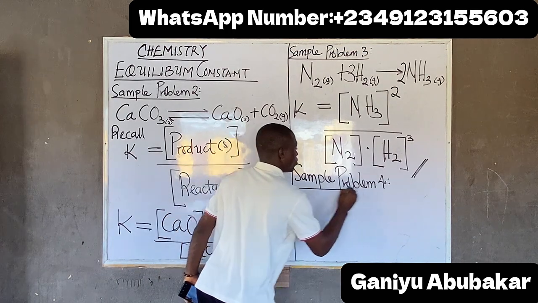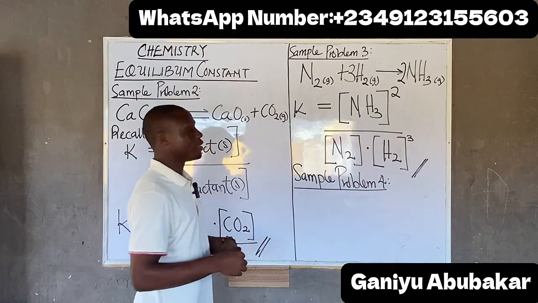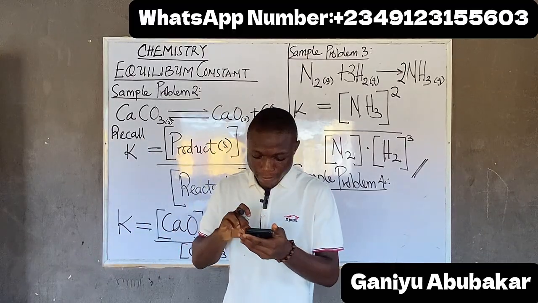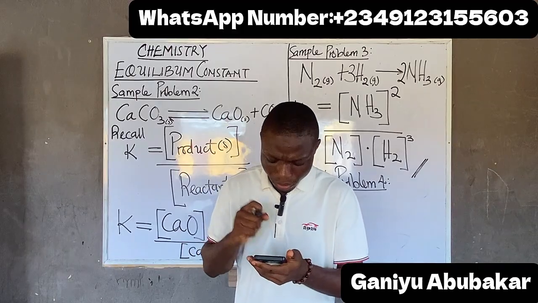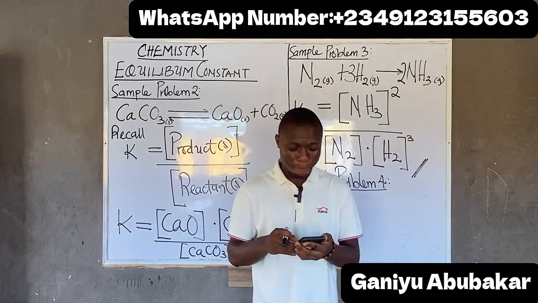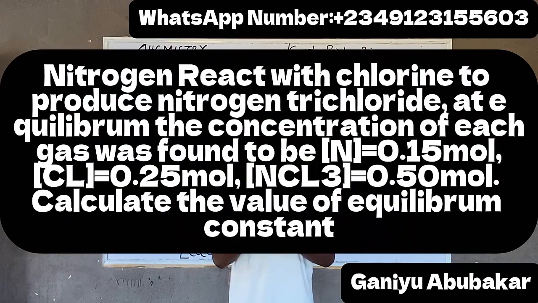So let's do problem 4. What do we get? All right, it says nitrogen reacts with chlorine to produce nitrogen trichloride.